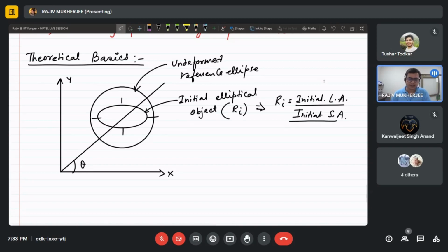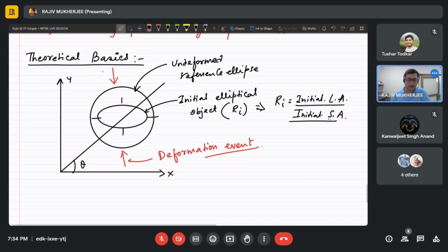Now, what if we deform this entire marker like this? Due to deformation, there will be three changes, right? So I can list these three changes.